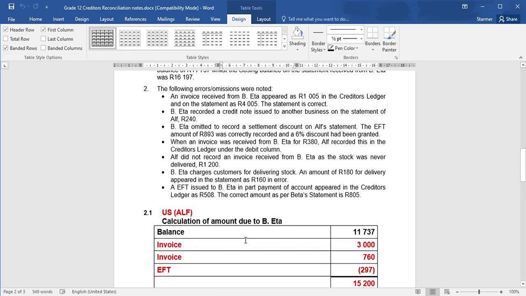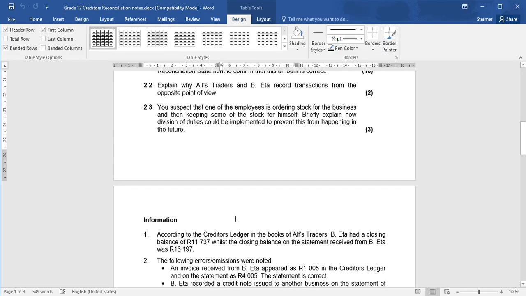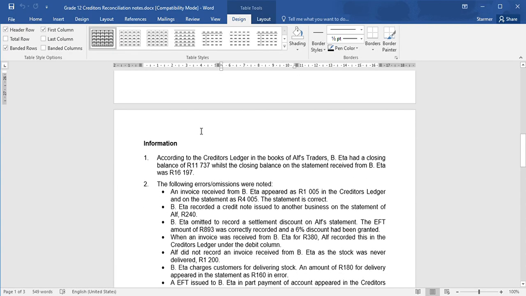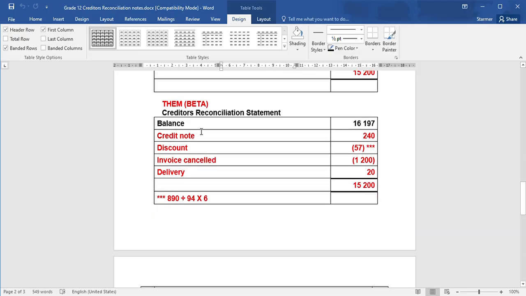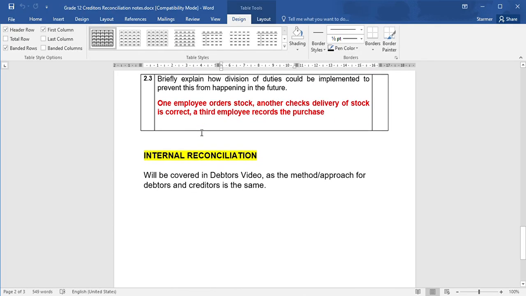And then the last question here. You suspect that one of the employees is ordering stock for the business and then keeping some of the stock for himself. Briefly explain how division of duties could be implemented to prevent this from happening in the future. Division of duties is where you divide the task up into several different areas of responsibility and use different people for each.